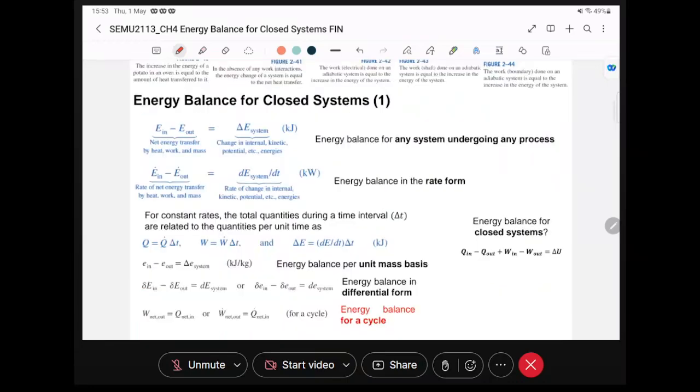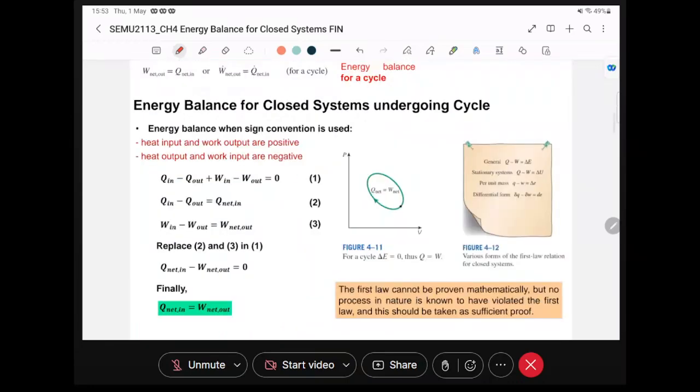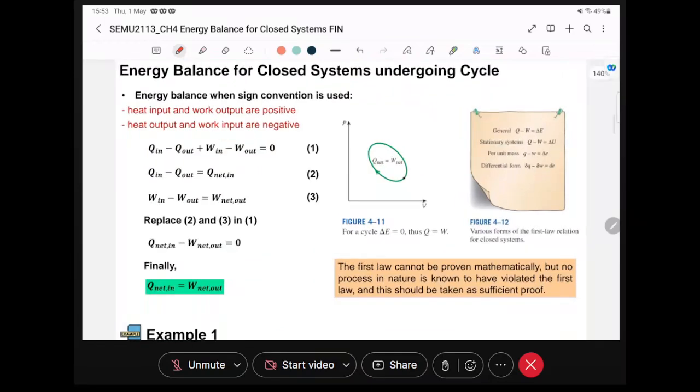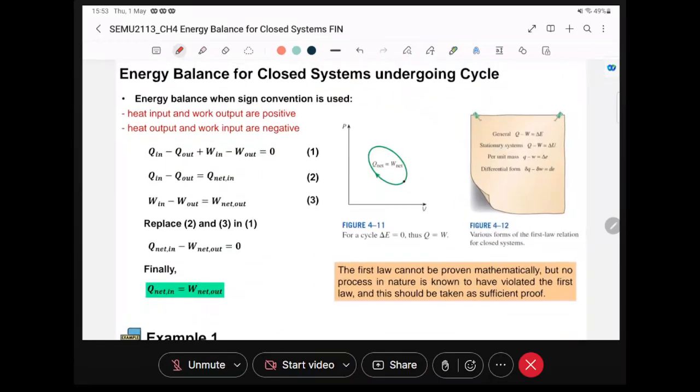So, the energy balance of a closed system undergoing a cycle. To put it simply, the work in minus work out plus the heat in minus heat out will be equal to 0.